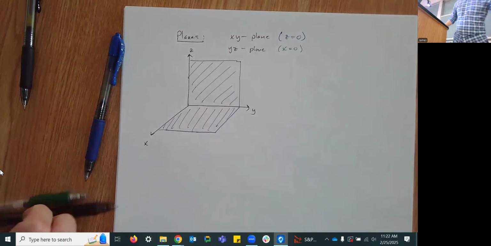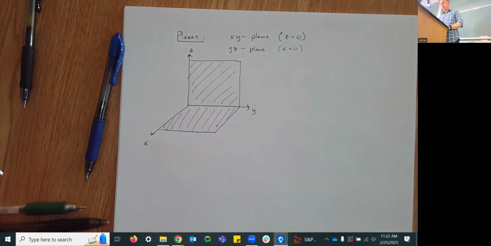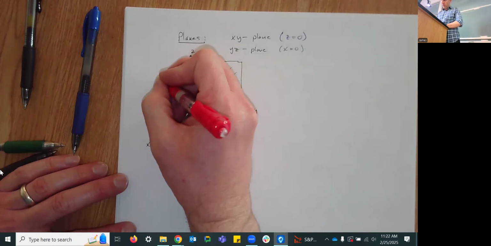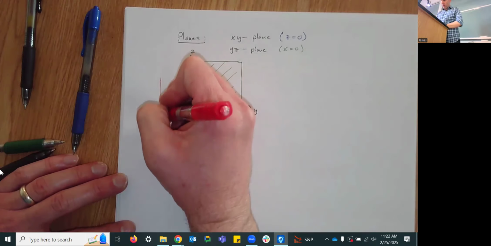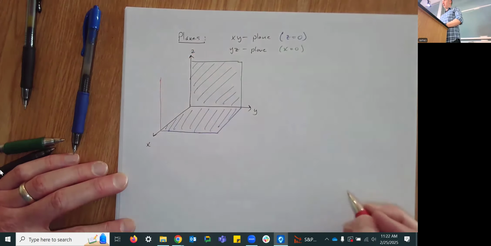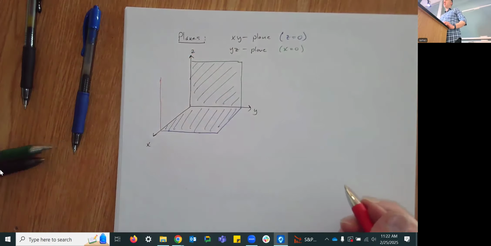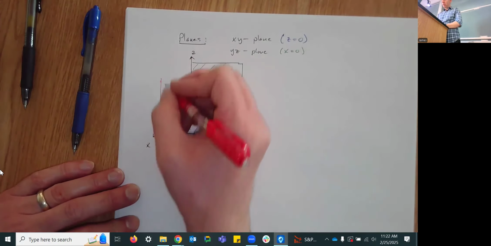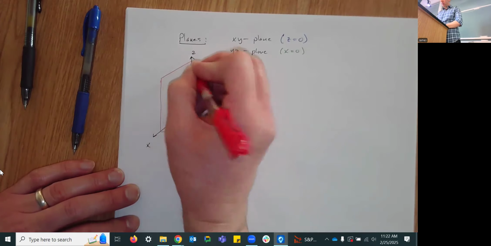And thirdly, the one that's always a little bit sketchy to draw here, the XZ plane, which is this one over here. Again, notice how I'm drawing the boundaries of the plane using lines that are parallel to the axes I'm talking about. For the XZ plane, I'm going to draw a line parallel to the Z-axis and a line parallel to the X-axis.